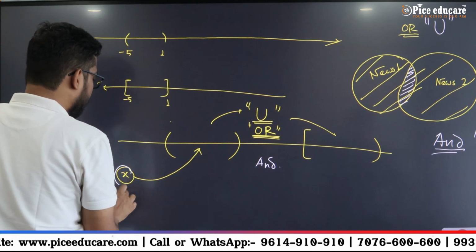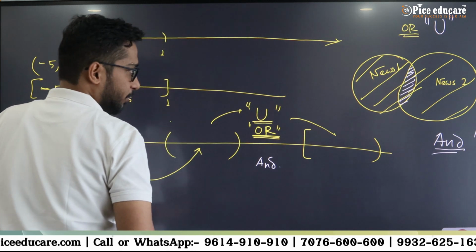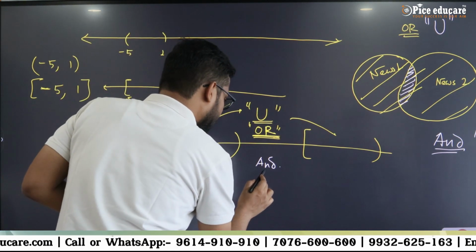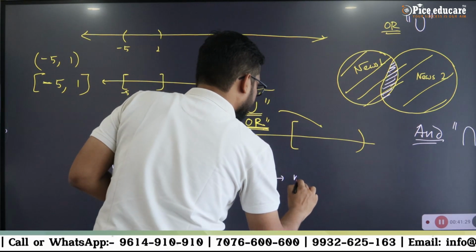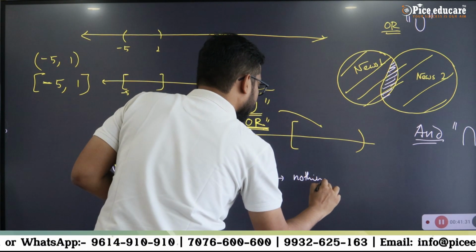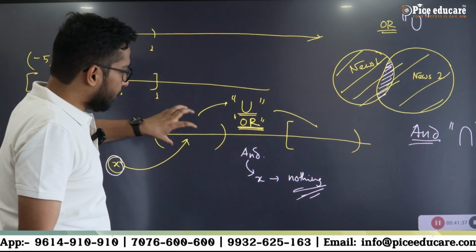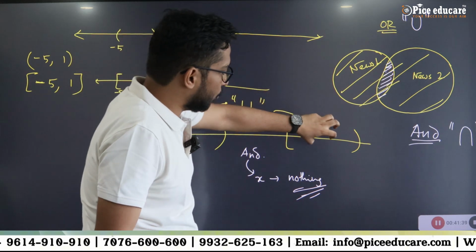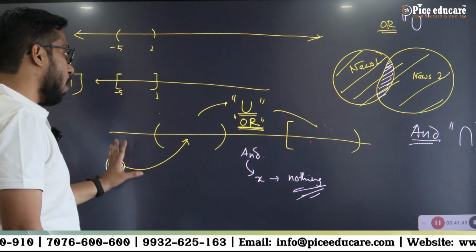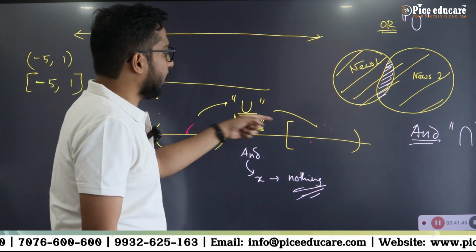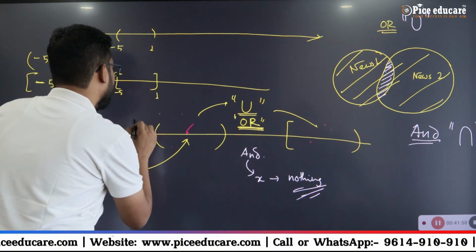So if I say AND in this scenario, x belongs to this region and this region. You will see that the answer is basically nothing, because x can't be in this zone and in this zone at the same time. If I say OR, it can be here or here. But let's use some numerical numbers.